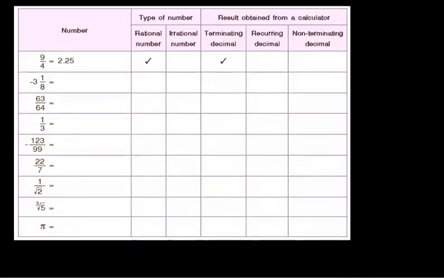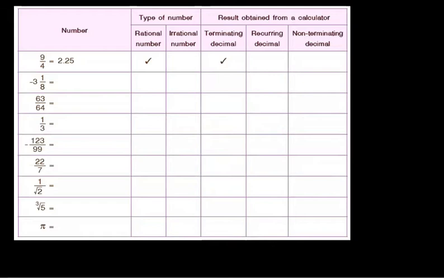Okay. Now, I want you to get your calculator ready with you, and we begin. So in this column, we have number, we have type of number. I told you it can be rational number or it can be irrational number. And then we will look at the result that we are going to get after dividing.